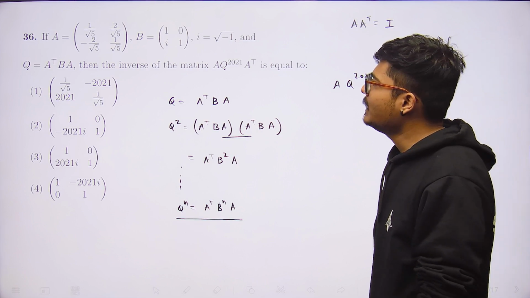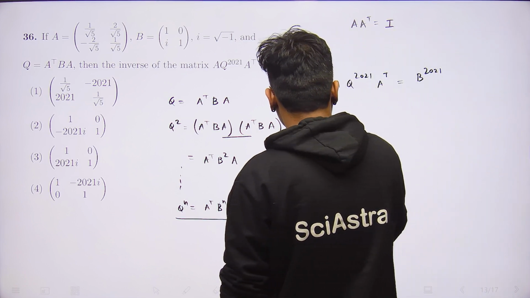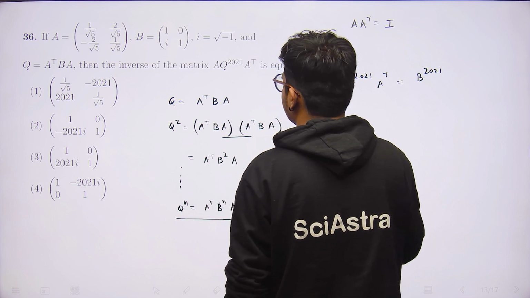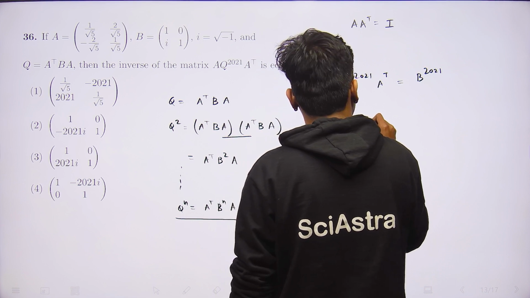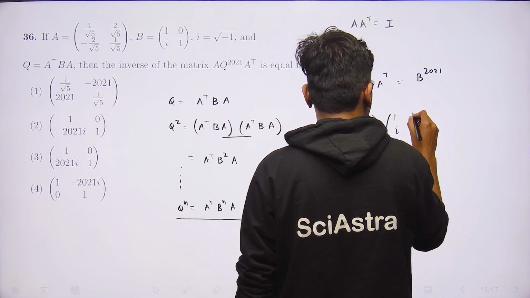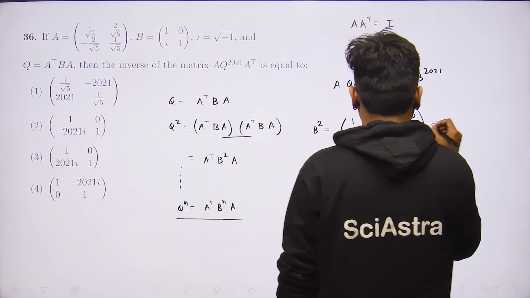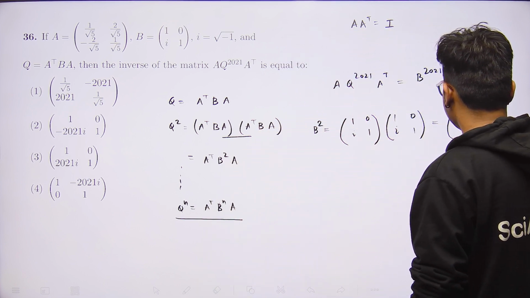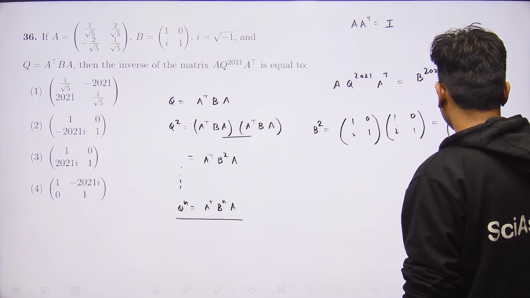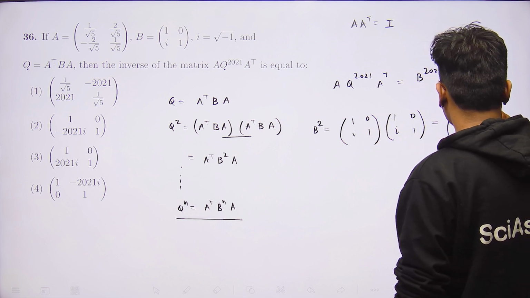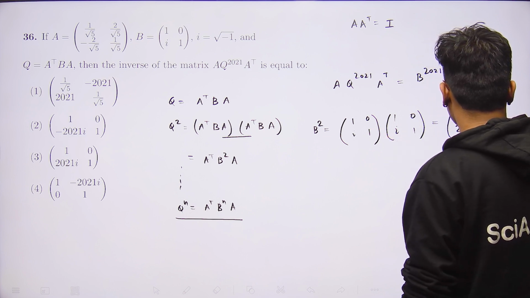अब देखते हैं कि B कैसे ऑपरेट करता है. So if I look at B square क्या आएगा? 1 iota 0 1 times 1 iota 0 1. ये क्या आ रहा है? So 1 1, ये 1 आ गया. Iota 2 iota 0 0 and this is going to be iota 1, right?